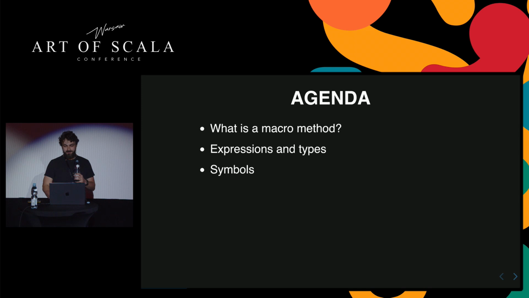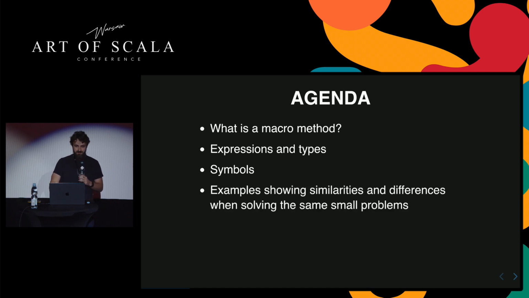What are symbols? Because this part is not something you generally see when you are working in your normal everyday code. And then we will also see some examples showing how those different concepts work. We can see some comparison between how things are implemented in Scala 2 and how in Scala 3. Are there some differences in API, some conceptual? Are things always the same or not?